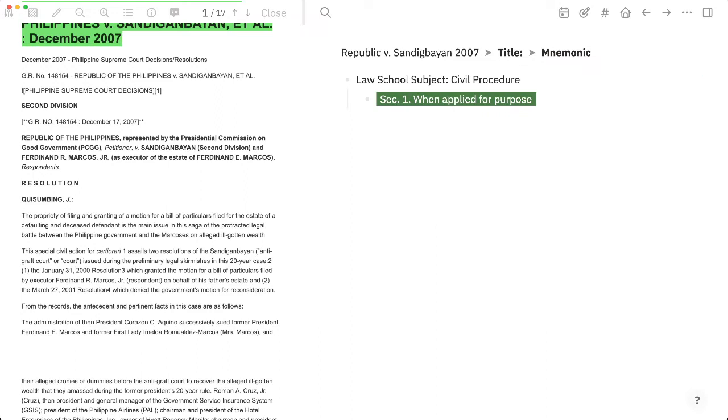So that's according to my syllabus, civil procedure, section 1, and this is rule 12, bill of particulars. Okay. So tapos tayo dyan sa title and mnemonic.